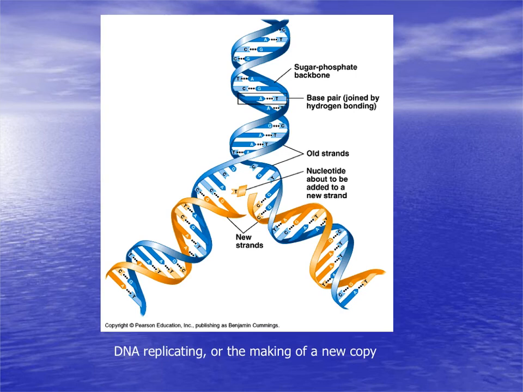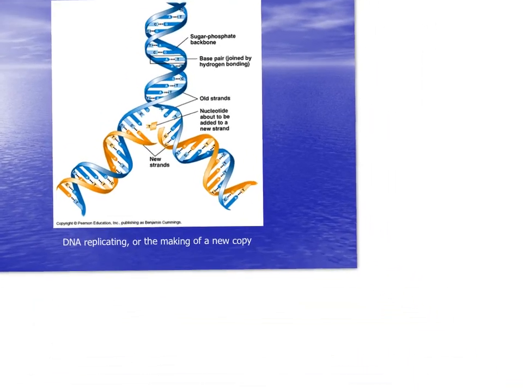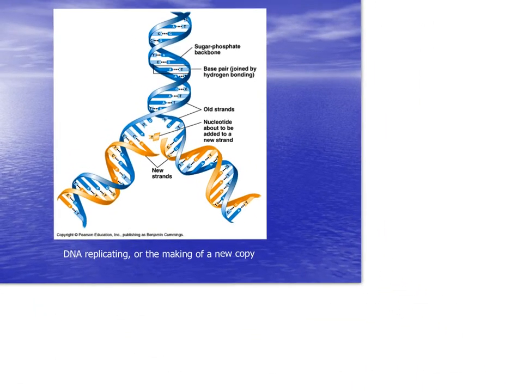So when we're doing DNA replication, we have to make a new copy of it. And as I said earlier, here is an example of the sugar phosphate backbone. This ribbon represents sugar, phosphate, sugar, phosphate, sugar, phosphate, all the way down. The phosphates are what connect all the sugars together.